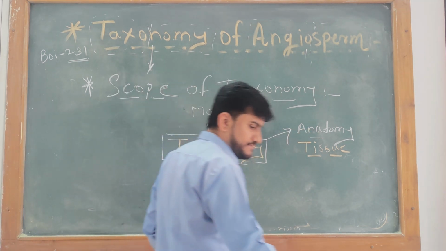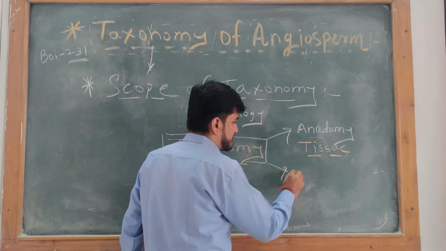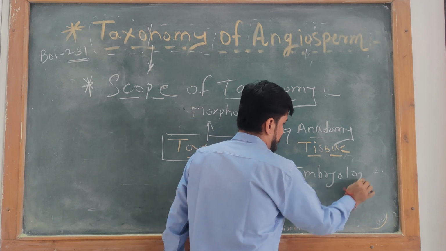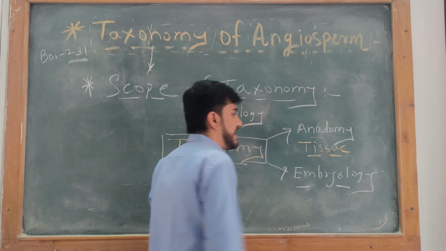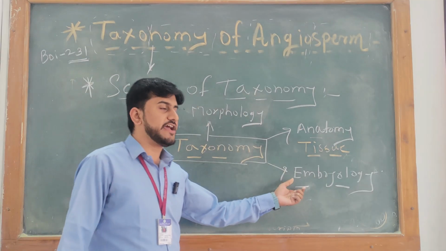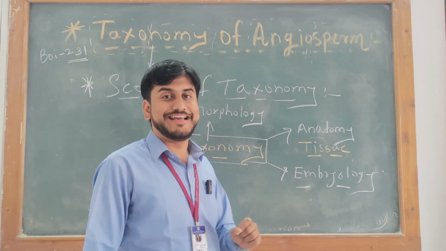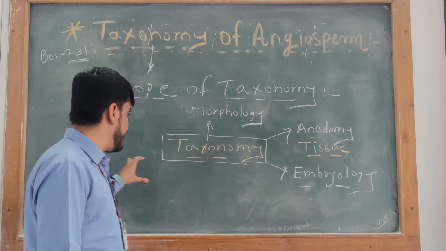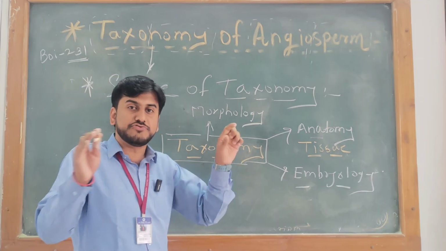Then next one is embryology. So you know what an embryo is? Embryo is of two types, dicot and monocot, and after fertilization the zygotic stage is present. Diploid zygote means male and female gametes are fused together.